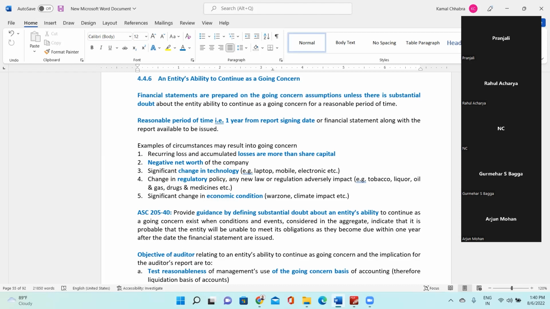External factors are basically the geopolitical area, like Ukraine, or the recent example, and those components we would put as going concern.